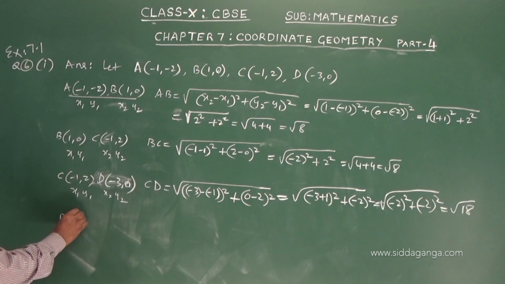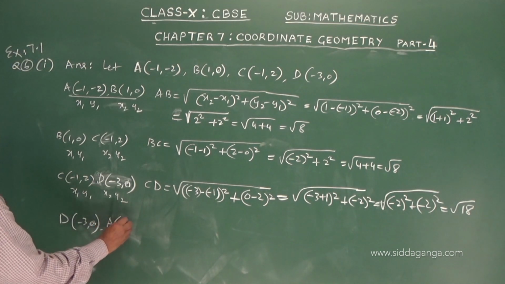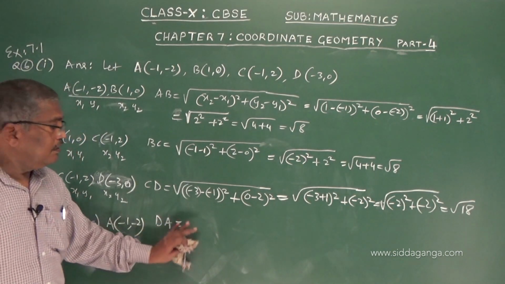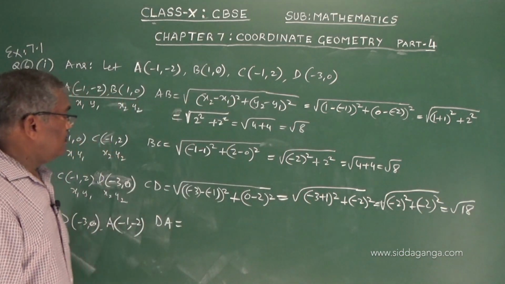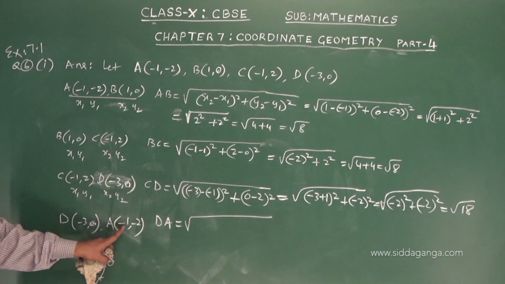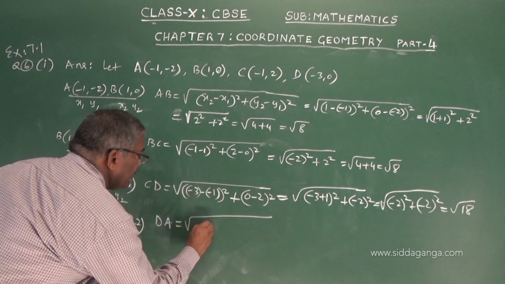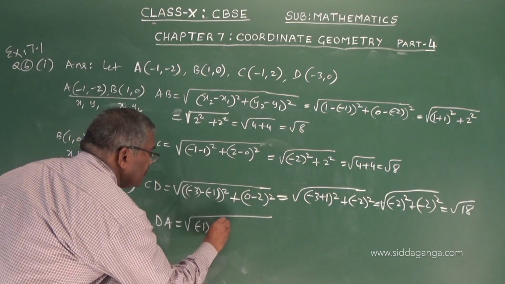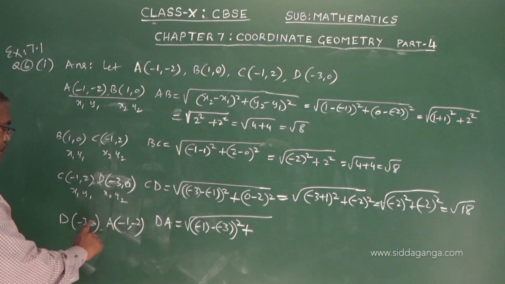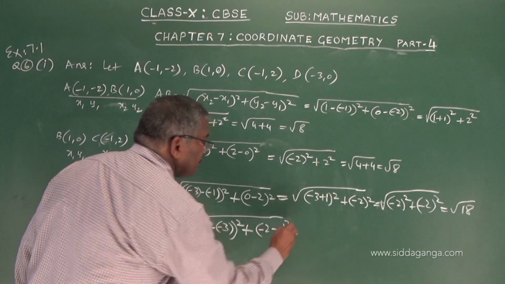Now DA. D is (-3, 0), A is (-1, -2). So DA equals square root of x2 minus x1, minus 1 minus of minus 3, whole square, plus minus 2 minus 0 whole square.